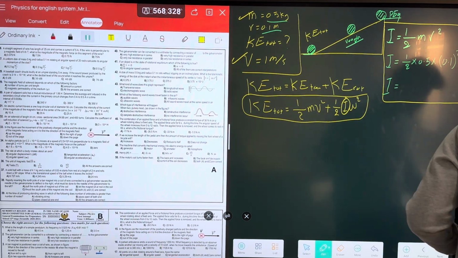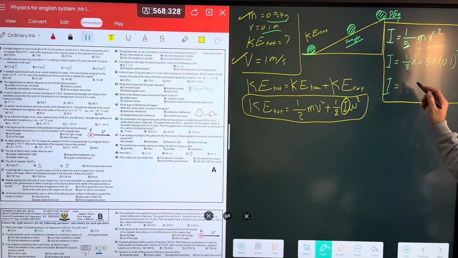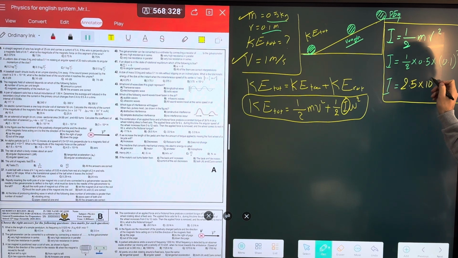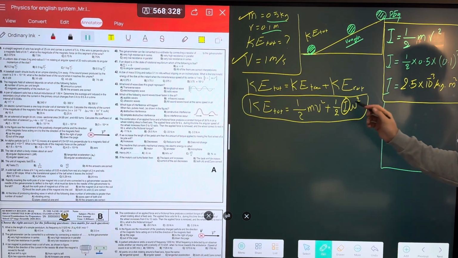I is equal to what? By calculator, 0.1 squared times 0.5 times 1 over 2, you will get 2.5 times 10 power negative 3 kilogram meter squared. What is this? This is the value of the moment of inertia.